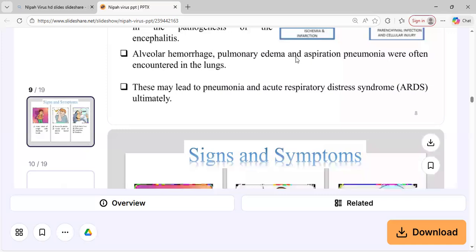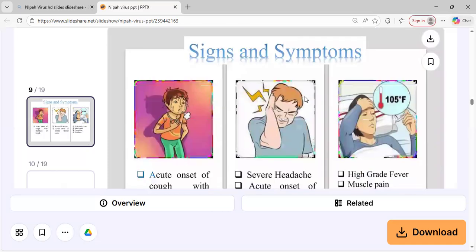Pulmonary edema and aspiration pneumonia were also encountered in the lungs. These may lead to pneumonia and acute respiratory distress syndrome (ARDS). It has a pathogenesis similar to that of coronavirus, but the new thing here is that it causes meningitis and encephalitis as well.